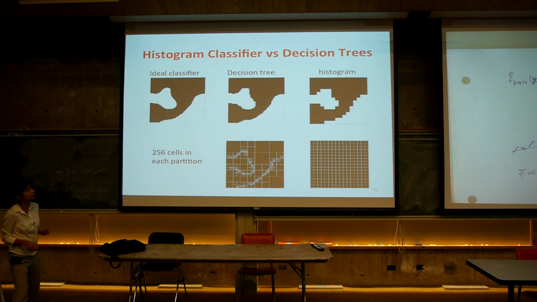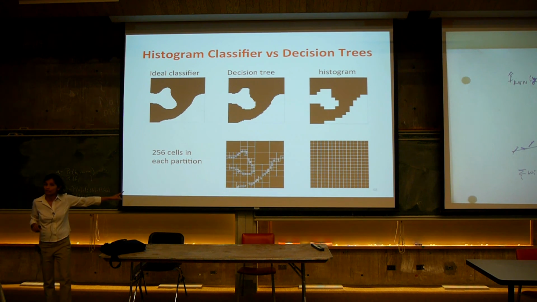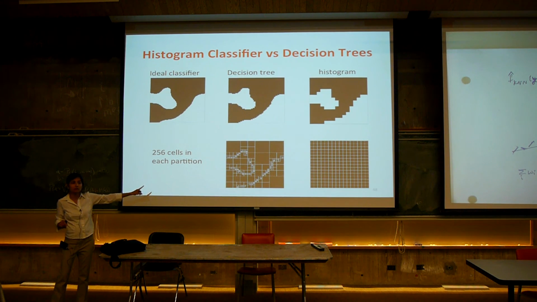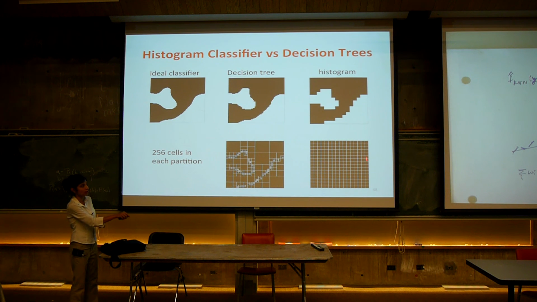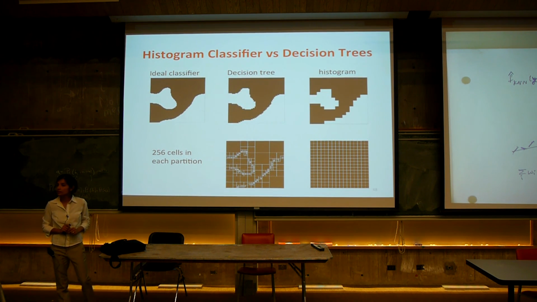And here's another example of what your ideal classifier might look like. You can use a decision tree to approximate the decision boundary, and you get something like this, whereas with the histogram, you get something like this. Of course, what's the right comparison? We are talking about the same number of cells in each partition. There are 256 cells in this histogram partition, and 256 leaves here in this tree.